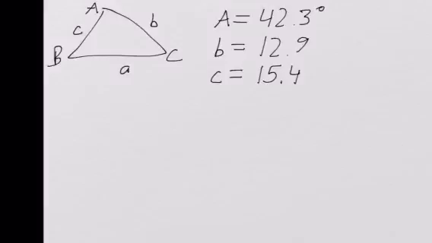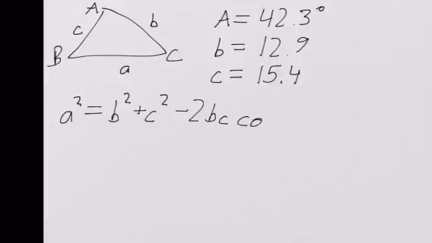So the first thing that I'm going to do here is I have sides B and C and angle A. So I'm going to use the form of the law of cosines of a squared is equal to b squared plus c squared minus 2bc cosine A. At this point, it's just a matter of plugging everything in.